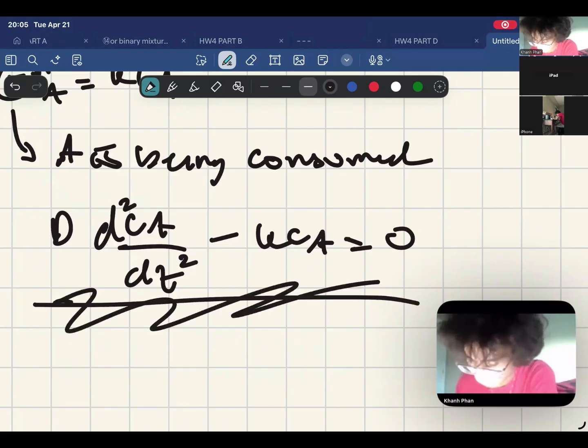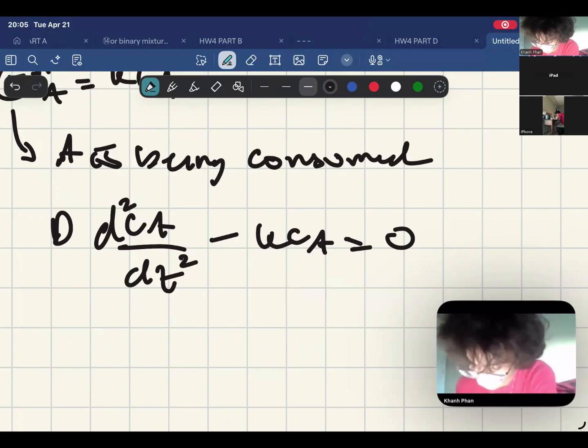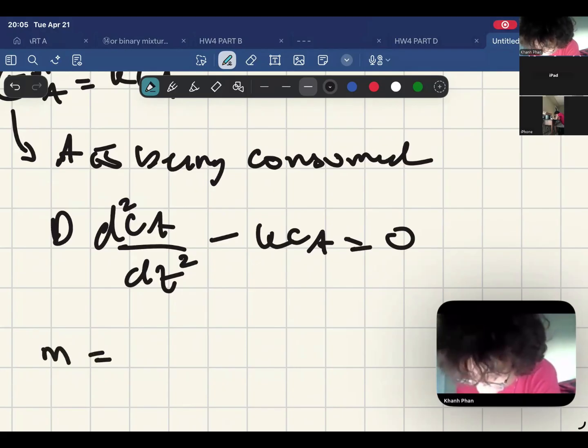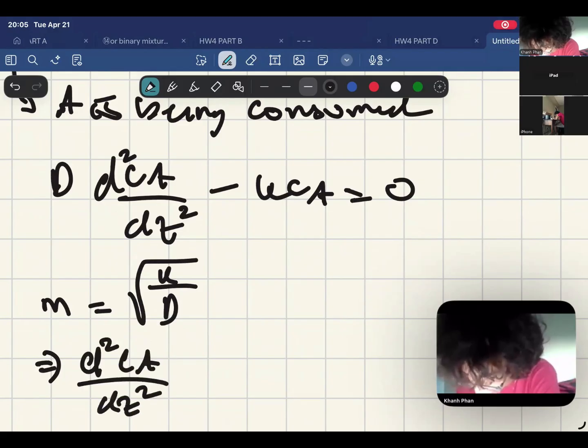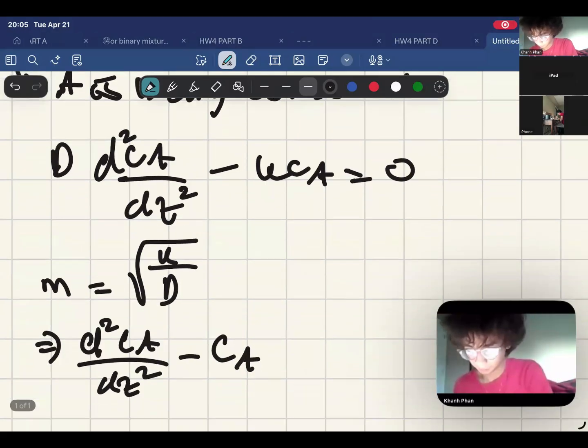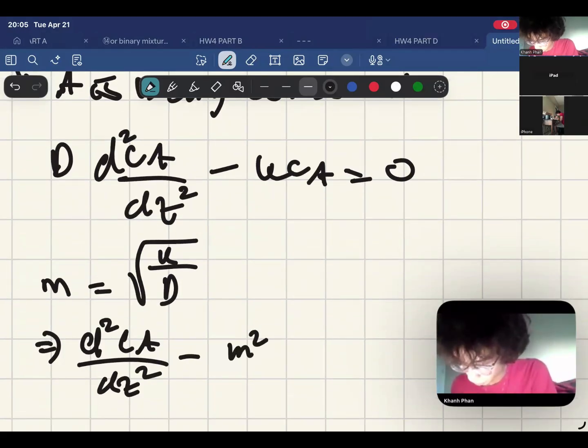Now we define the variable m to simplify D and k: m is equal to the square root of k over D. Substituting this into our equation, we have d squared CA over dz squared minus m squared CA equal to zero.